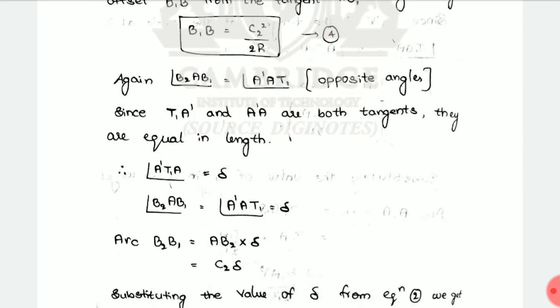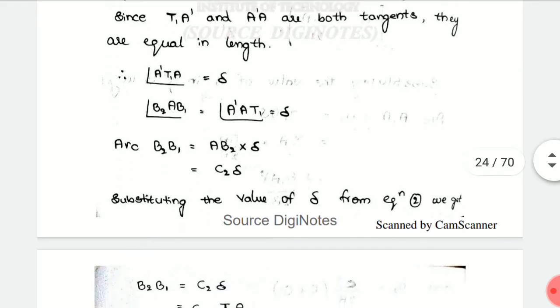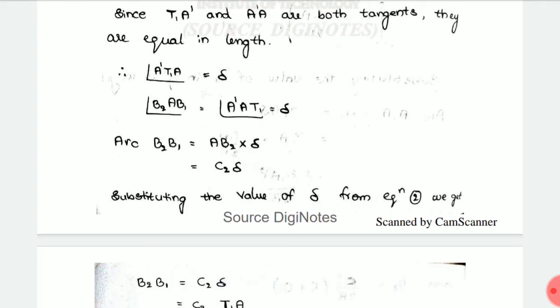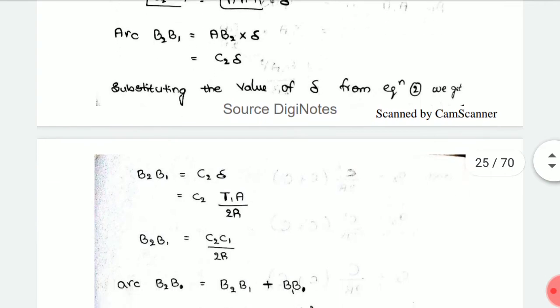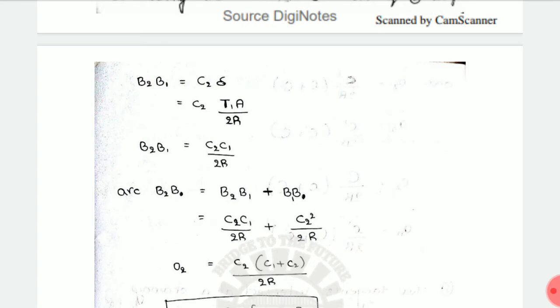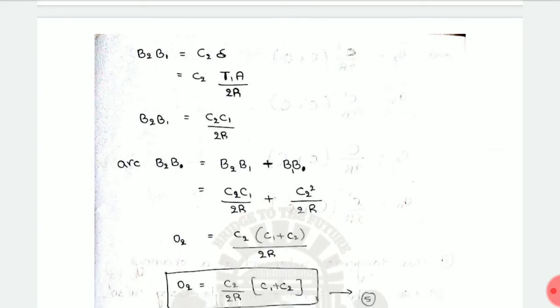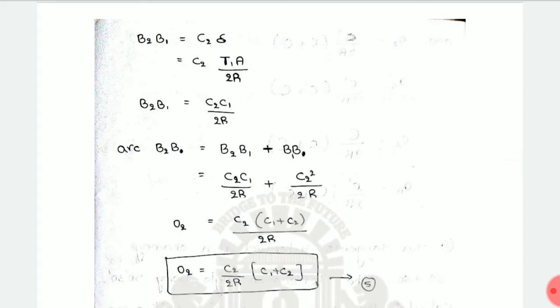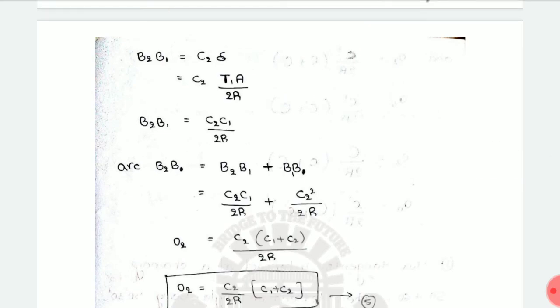Next, angle B2AB1 is equal to angle A'AT1, opposite angles. So angle A'T1A is delta, and B2AB1 is again delta. From the arc, B2B1 is AB2 into delta, that is c2 into delta. Substituting the value of delta from equation 2, we have c2 into T1A by 2R. So B2B1 is c2 c1 by 2R. Next, offset O2 will be equal to B2B1 plus B1B.